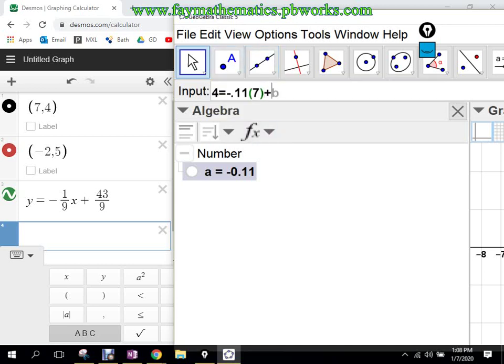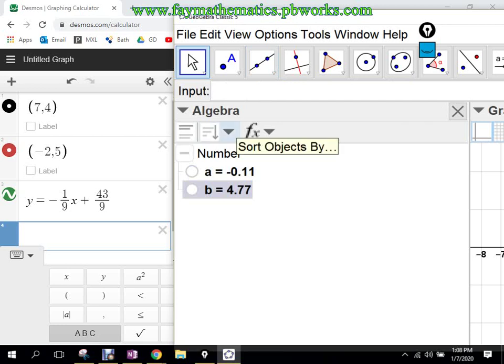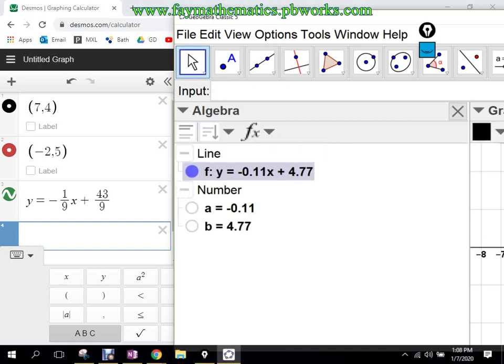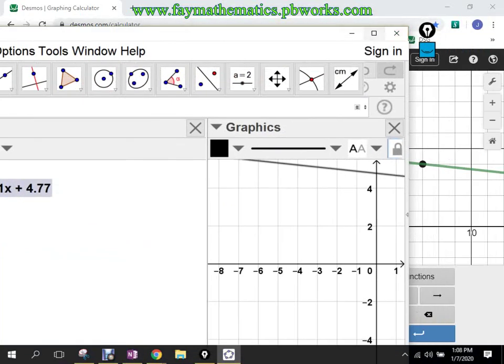I'm going to end up adding that stuff, and that number right there is going to be my b value. Does that make sense? If I rounded my slope, this is all I'm trying to get at, the equation I get is y equals negative 0.11x plus 4.77. I get that line right there.